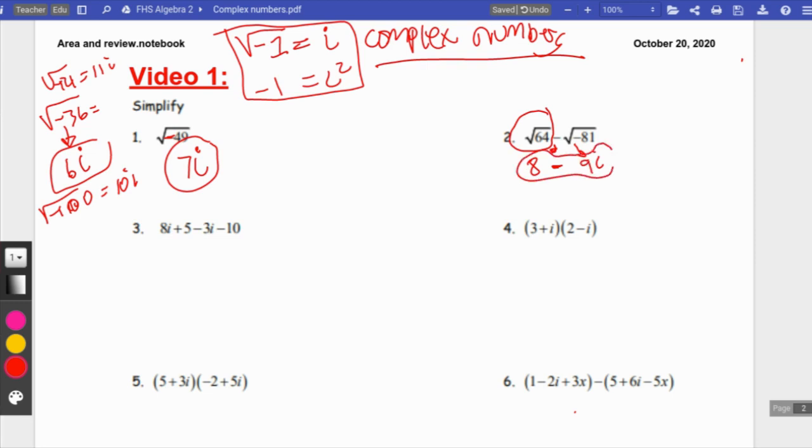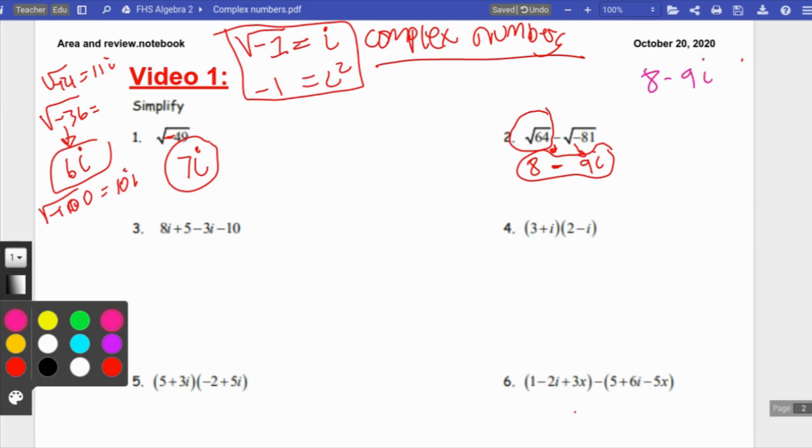That's the answer. Do you know why we're going to stop here? Because here's a misunderstanding. Some people would think because it's 8 minus 9i, they will try to reduce that and say, oh, I can just do this, that should give me -1i. There's no such thing. The reason you know to stop is that a complex number is written like this: a plus or minus bi, meaning a number plus or minus a number with i.